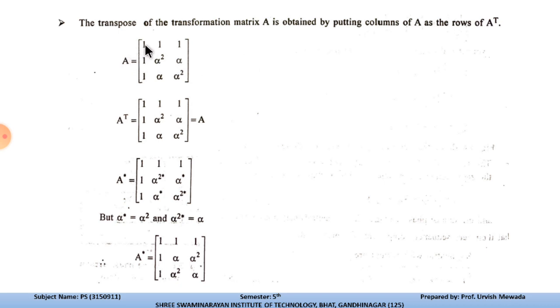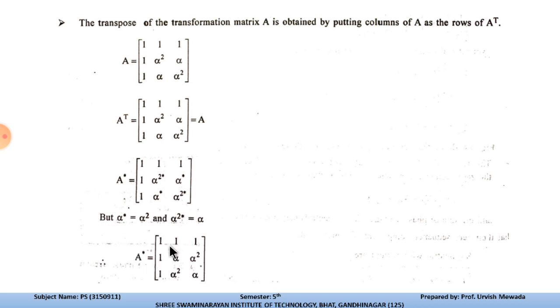A is equal to [1 1 1; 1 alpha square alpha; 1 alpha alpha square]. So A transpose will become [1 1 1; 1 alpha square alpha; 1 alpha alpha square], which is equal to A. Then the A conjugate that we apply over here: [1 1 1; 1 alpha square conjugate, alpha conjugate; 1 alpha conjugate, alpha square conjugate]. But alpha conjugate is equal to alpha raised to 2, and alpha square conjugate is equal to alpha, that we have already derived in the previous lectures.